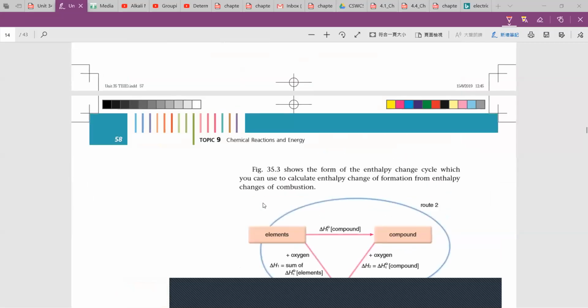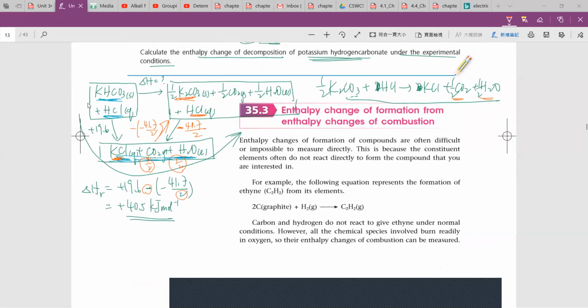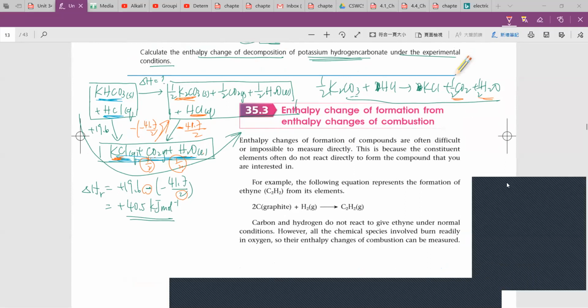Now first of all I would like to talk to you about today's lecture. We continue on drawing this enthalpy cycle. Do you know what that is?